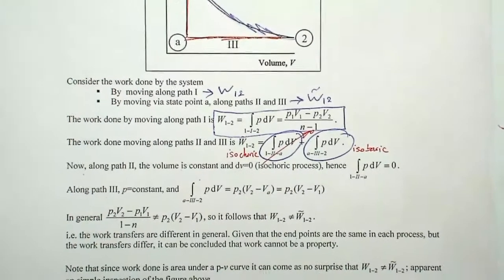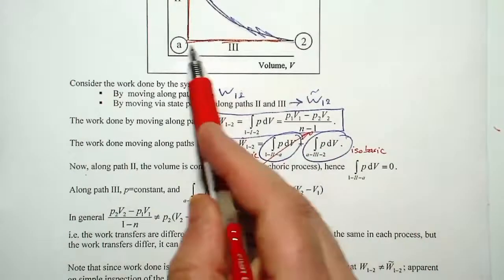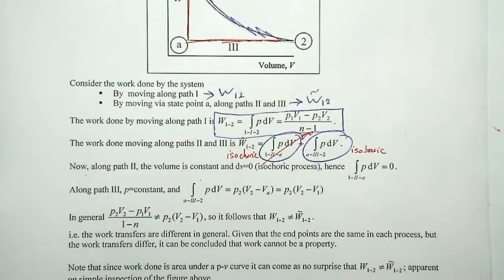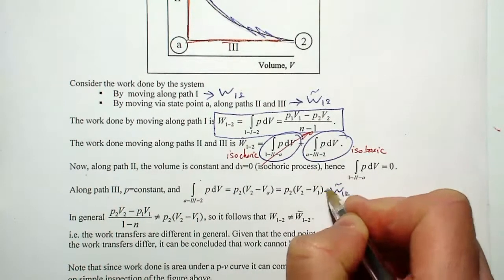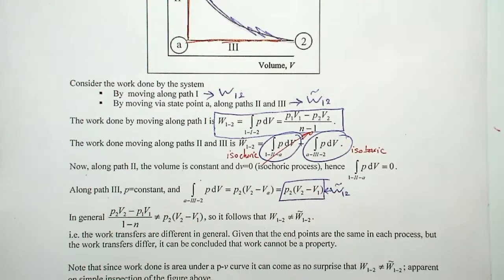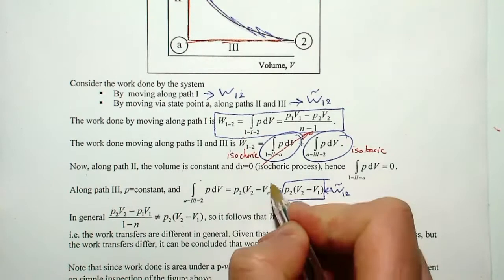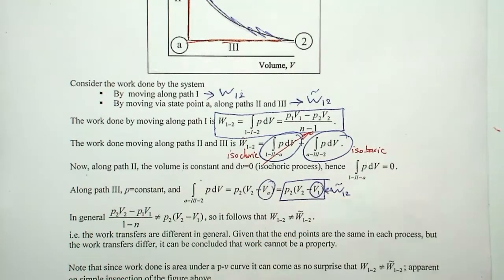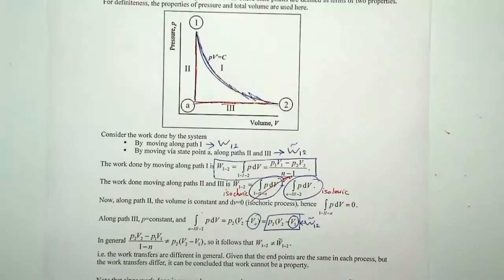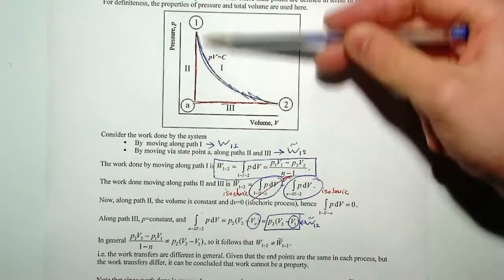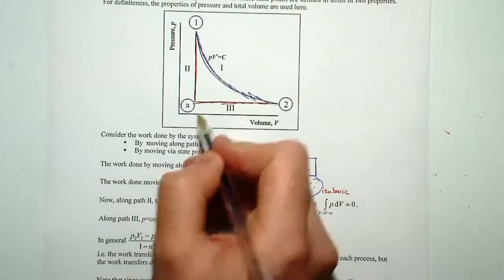I've got two values here, V2 and VA, as you can see on this curve. Therefore, my W tilde 12, which I defined, will be equal to P2 (V2 minus V1). Note that VA and V1 are the same, and therefore I could just replace one with the other, because they're both equal to this value here.